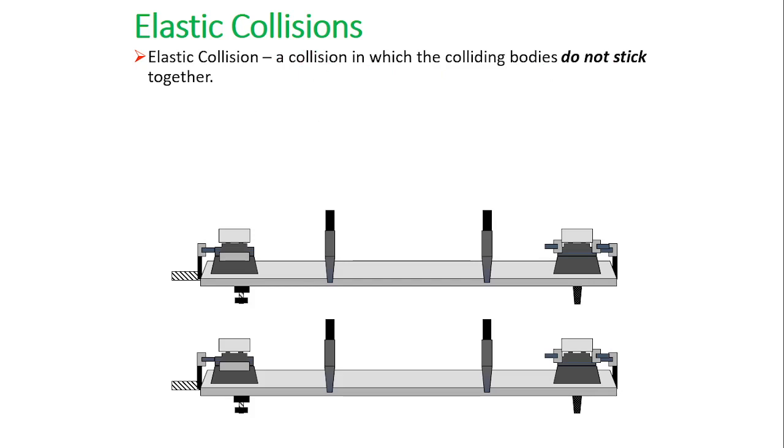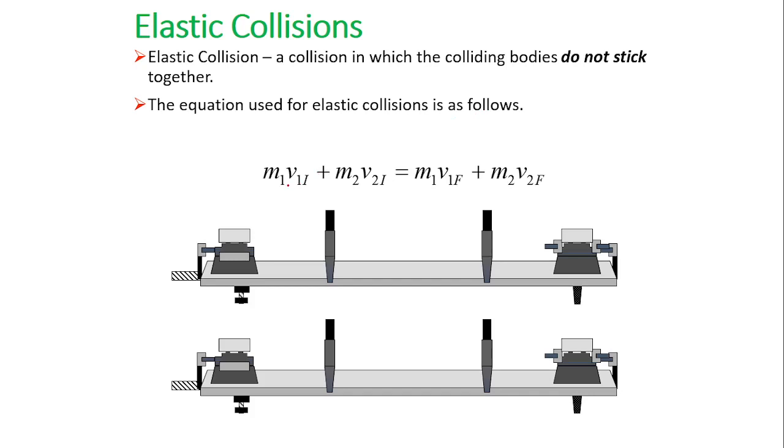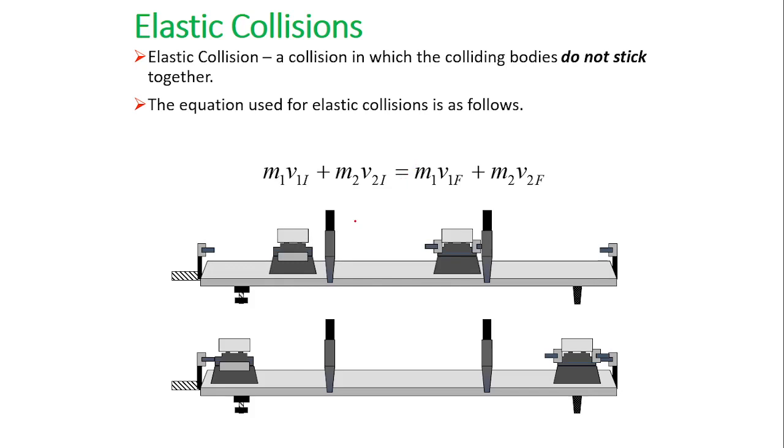The equation used for elastic collision is as follows: m1 v1 plus m2 v2 initial is equal to m1 v1 final plus m2 v2 final, where f is final and i is initial. This is just explaining the conservation of momentum equation. Remember, these bodies will not stick together like you have seen in that particular animation.